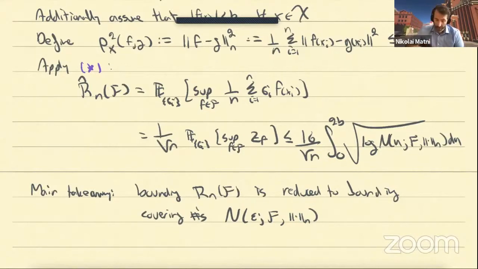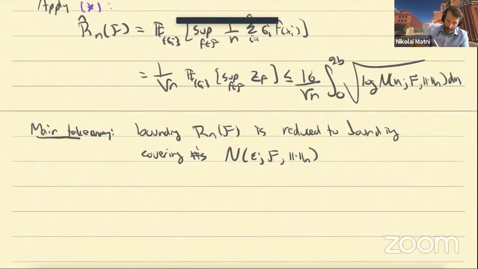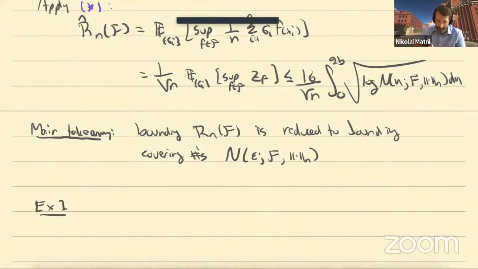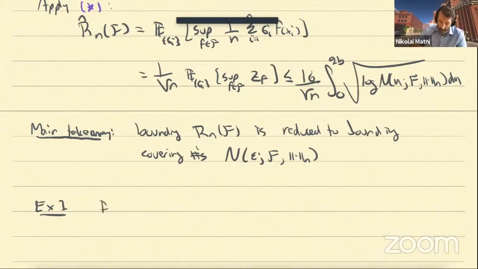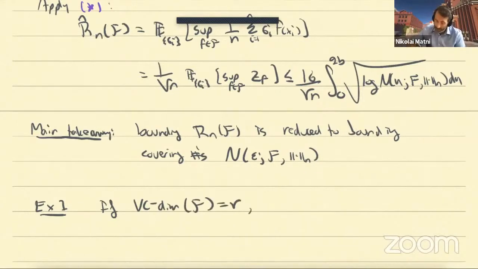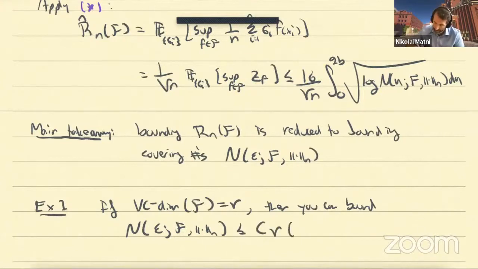Okay. So here's an example that you can do with this right away. I'll just state it because it's an interesting connection. For those of you who know what a VC dimension is, if you can show that the VC dimension of my function class F is equal to nu, then there's a theorem that says you can bound the covering number of this function class with respect to this empirical metric is upper bounded by some constant times nu times 16 times e to the nu b over e to the nu.